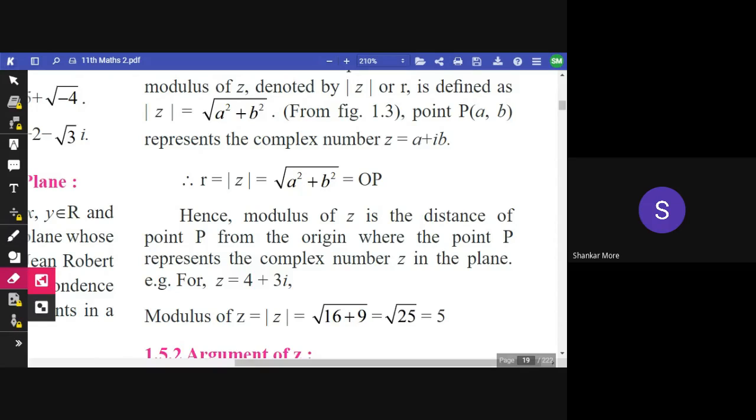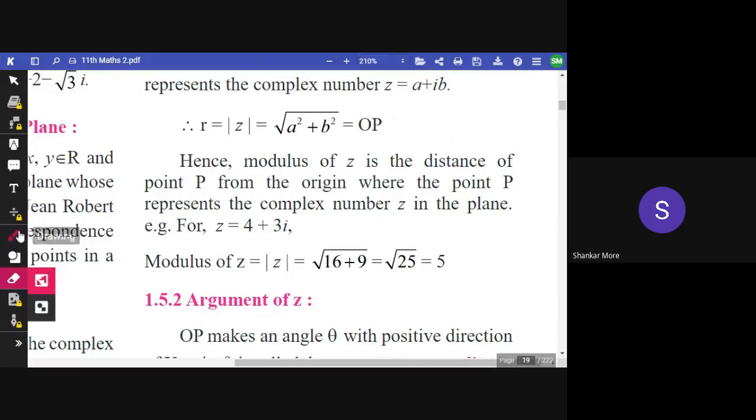For example, z equals 4 plus 3i. If we have been given the complex number 4 plus 3i, here a or x is 4, and y or b is 3. So what will be the modulus? The modulus is going to be the root of the square of this plus the square of this.